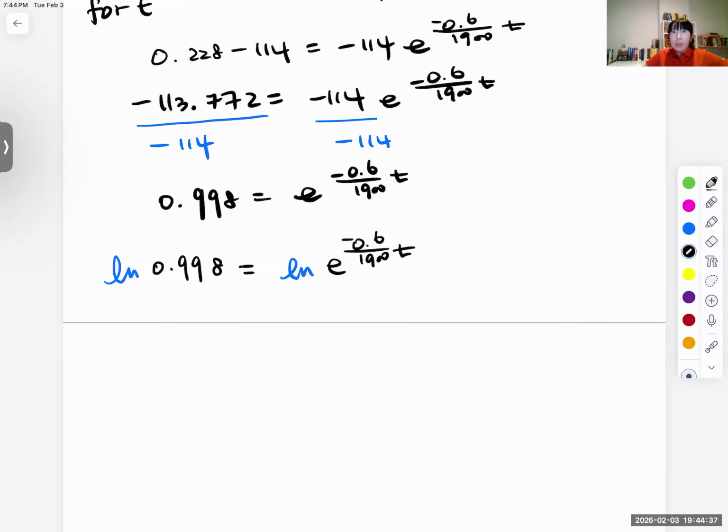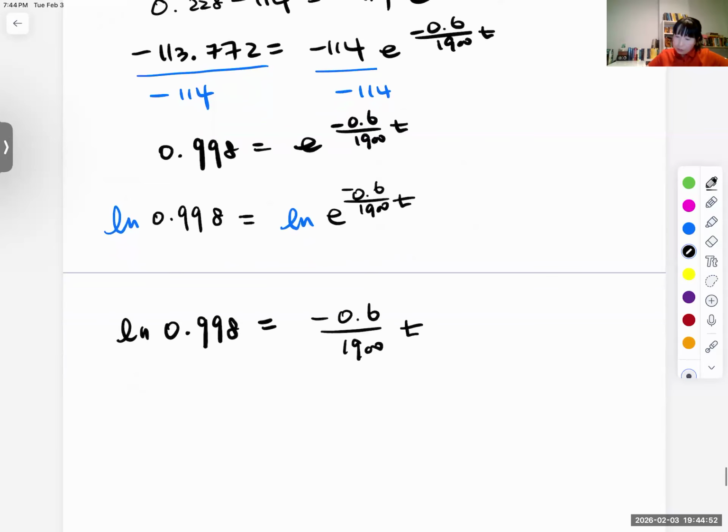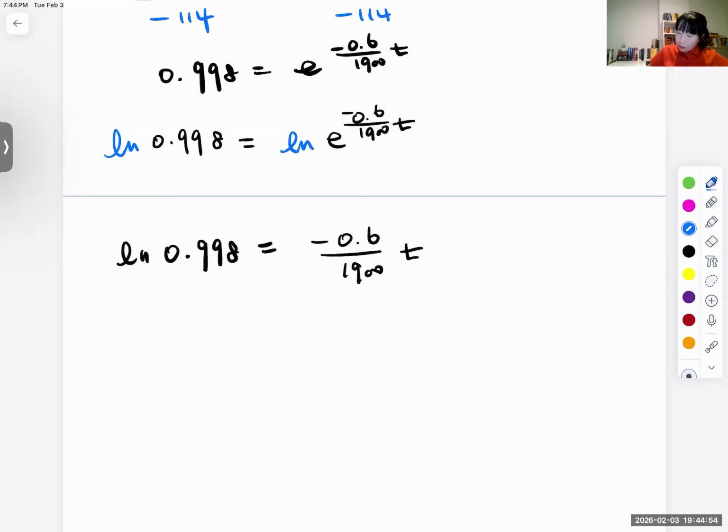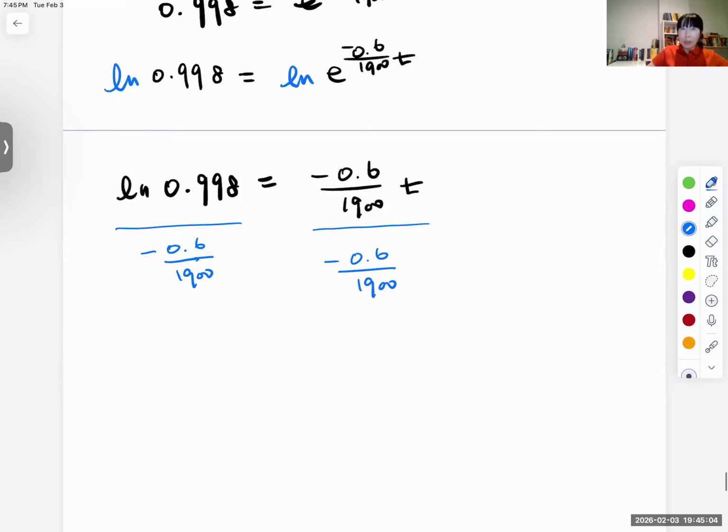So solve for t: divide by negative 0.6 over 1900 on both sides, right? Okay, then what do you get? T will be 6.3 minutes.